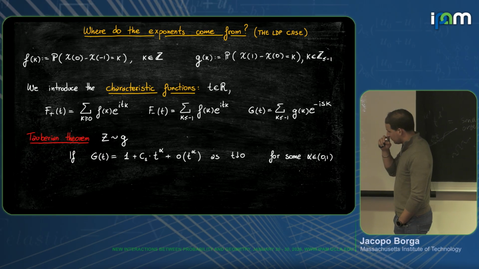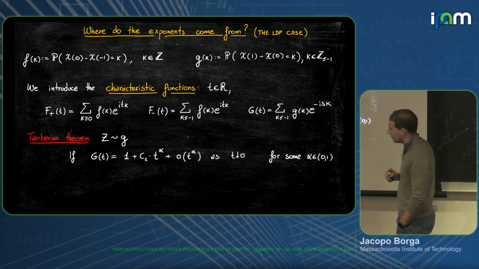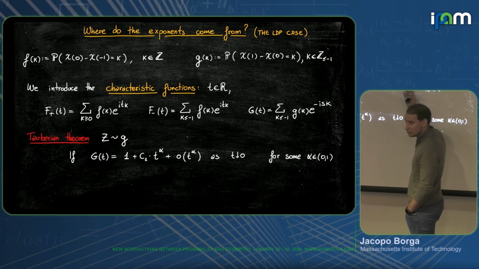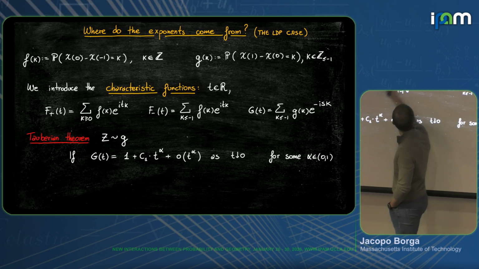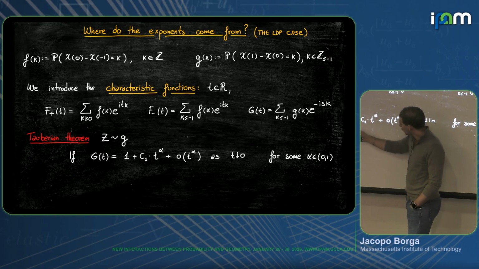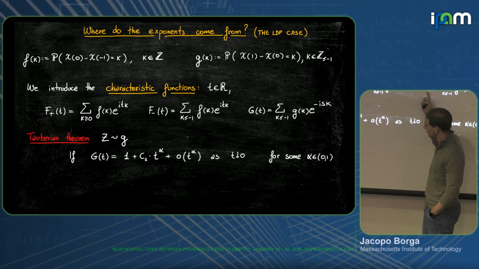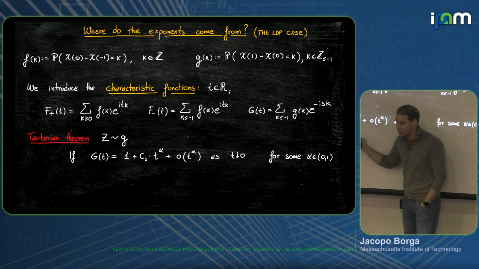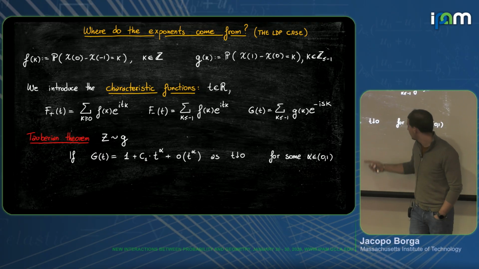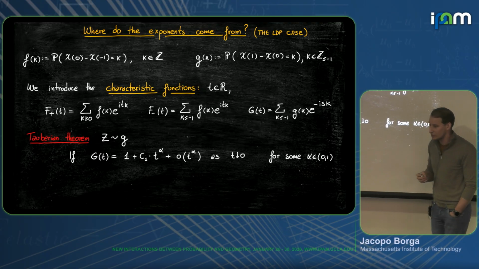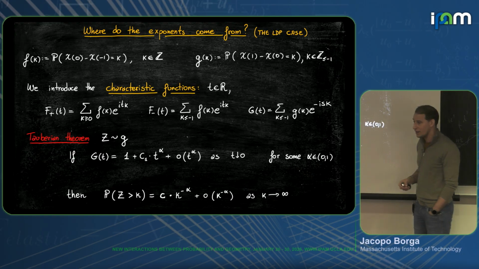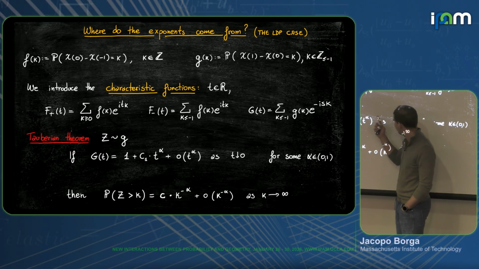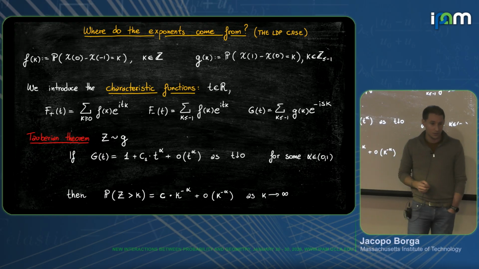And there is a well-known result that goes under the name of Tauberian theorem. Let's focus on G. If Z is a random variable with law G, and you know that the characteristic function of G expands like 1 plus some complex constant times t to the alpha, when t tends to 0, for some alpha between 0 and 1, then the tail of Z should decay like k to the minus alpha, where alpha is exactly the same exponent as in the expansion.